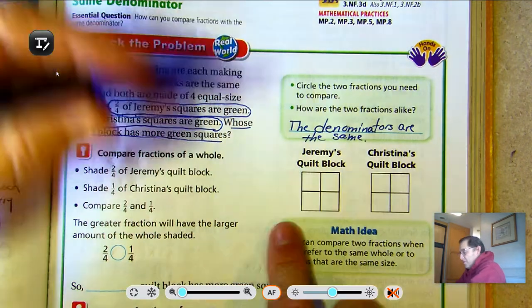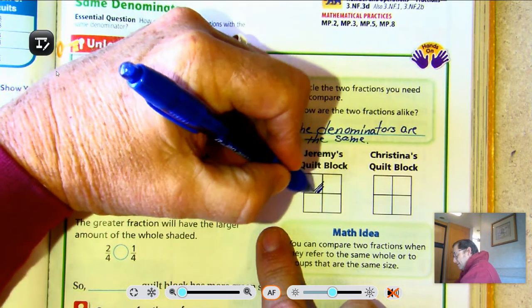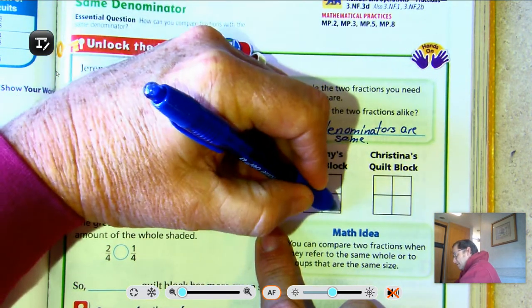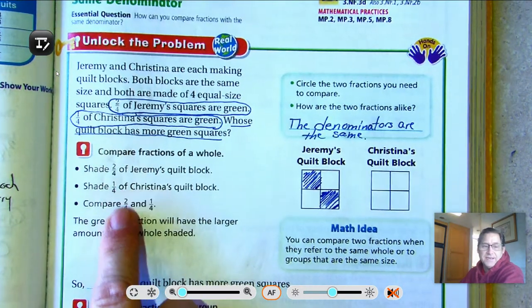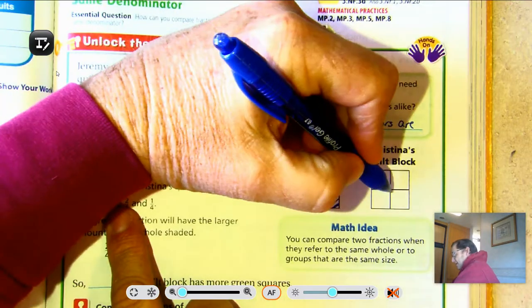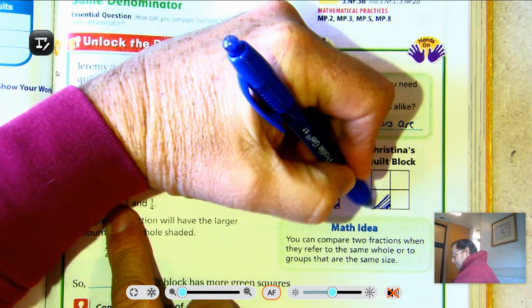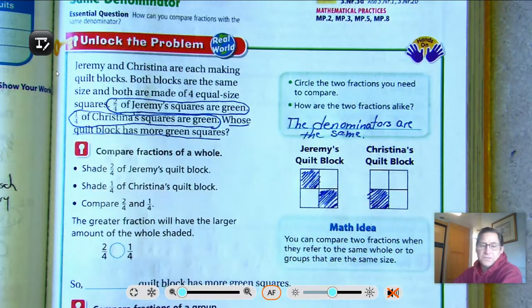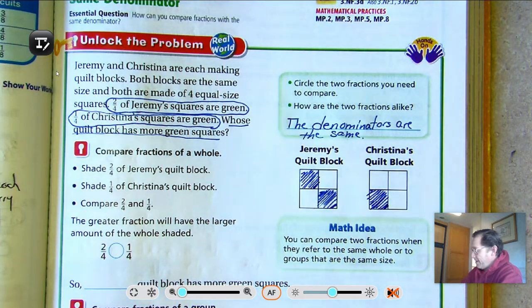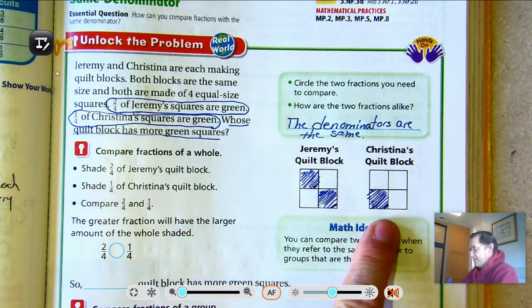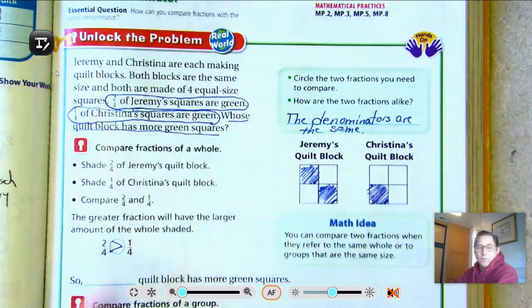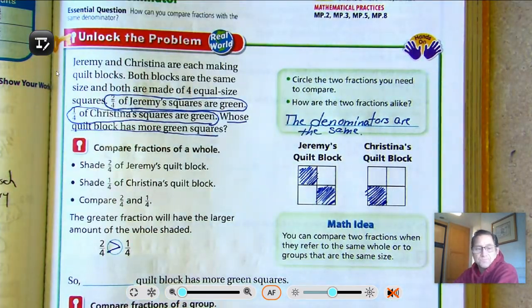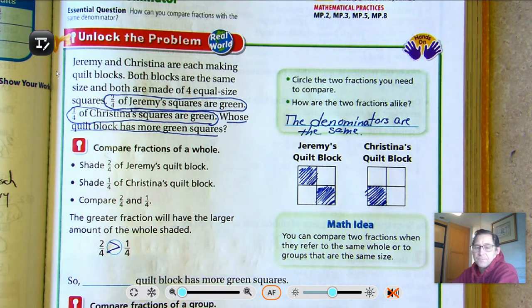Okay, but Jeremy has 2/4 of his shaded. Christina has 1/4 shaded. So if we compare 2/4 to 1/4, we should see that 2/4 is bigger than 1/4. So the greater fraction will have the larger amount of the whole shaded.